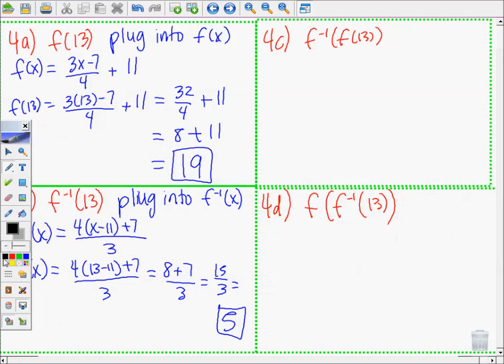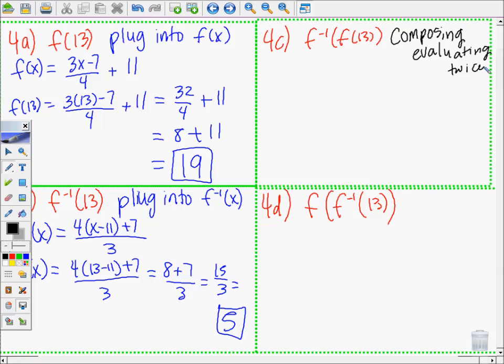So this is composing. But all you're doing is evaluating twice. So it's the same thing except I'm just evaluating twice.